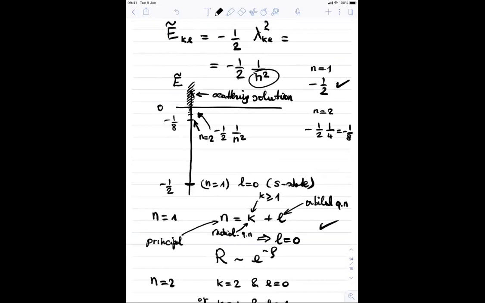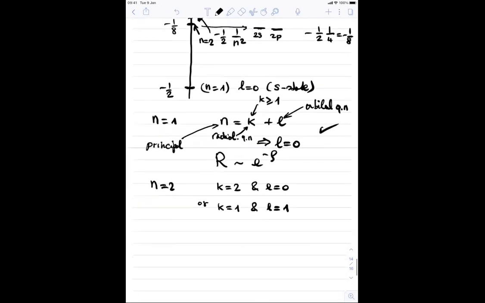And this suggests that this state here, the n equal 2, if I look more closely, is actually two states. One is an S state, the 2S state. And the other is the 2P state, because it has L equal 1.